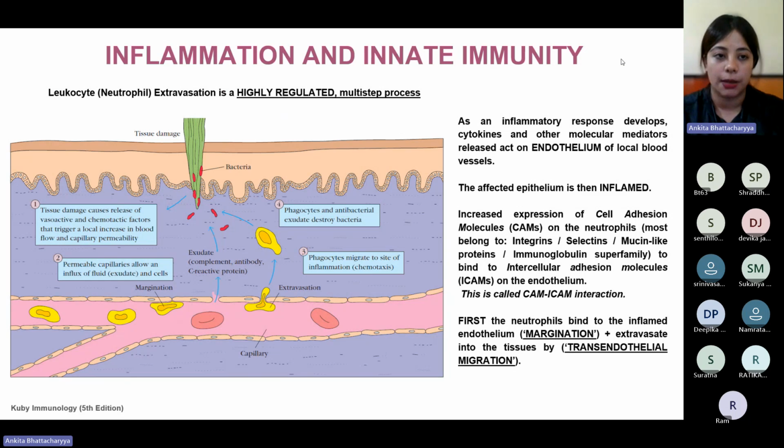Where are those symptoms coming from? It occurs by a very, very highly regulated and very well-programmed process. What you see here is leukocyte, or in particular neutrophil extravasation, which is a major contributor towards inflammation, a highly regulated multi-step process. So this you see is a skin barrier.